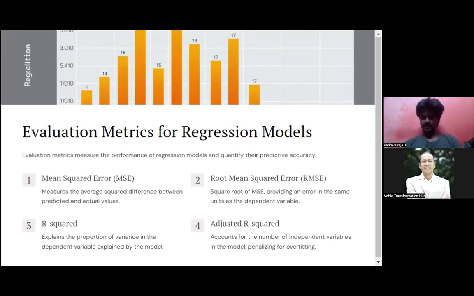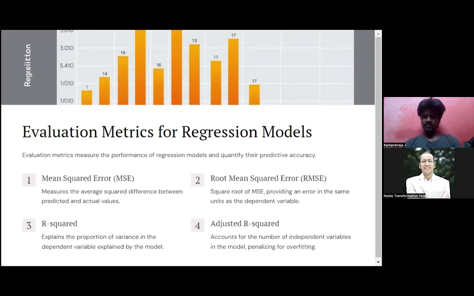Evaluation metrics for regression models. What are the evaluation metrics we are going to discuss for regression models? First is mean squared error, MSE. You need to remember it with the short form. It measures the average squared difference between predicted and actual value.